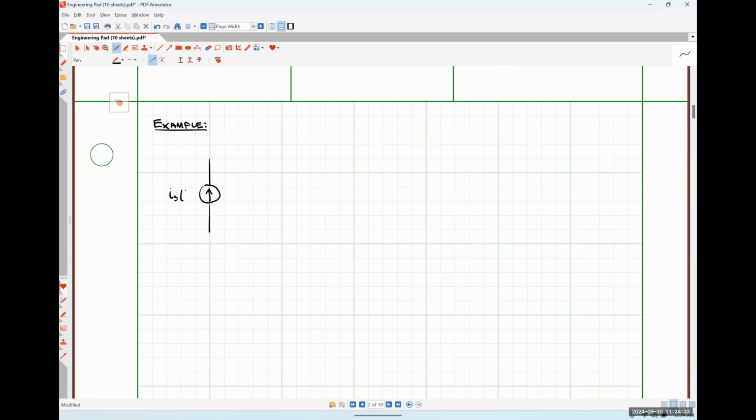So here is our current IS of T. Here we have our resistor R, our inductance L, and our capacitance C, like so.